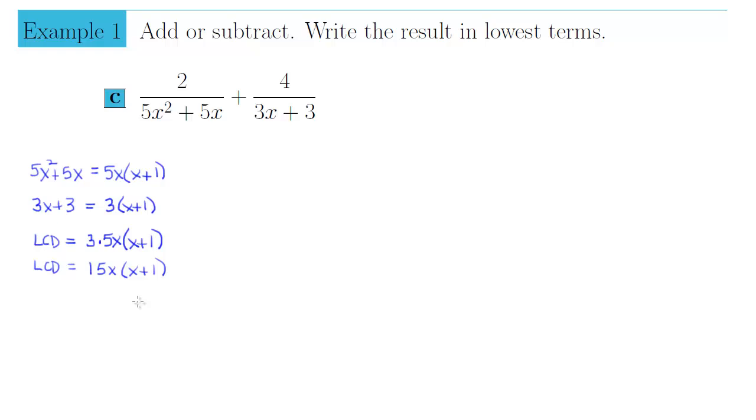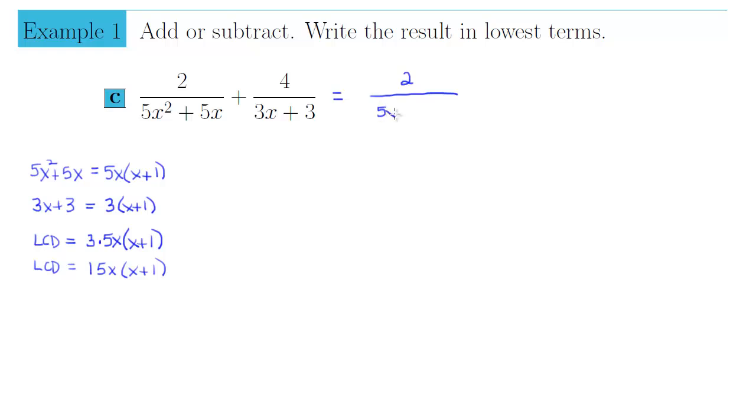Now we move on to step 2. Step 2 is to change each rational expression to have this new denominator, the least common denominator, 15x times x plus 1. So I'm going to rewrite my fractions, again leaving space. I have 2 over, and when I rewrite, I'm going to rewrite it so that the denominator is factored out.